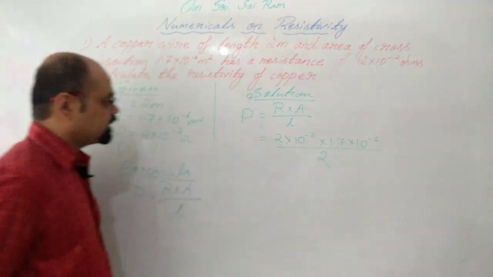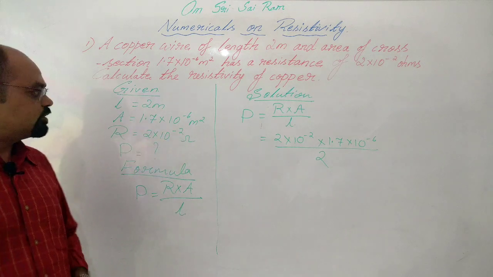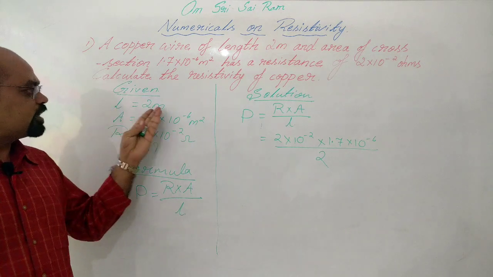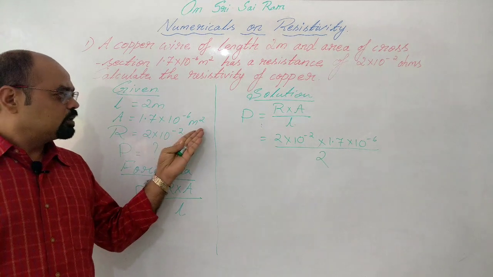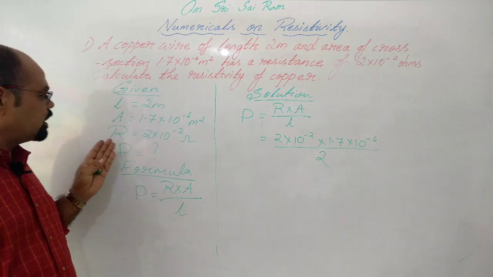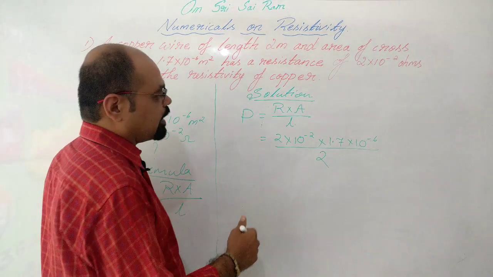We have to cross-check that everything is in its respective SI unit. The SI unit of length is meter, of area of cross section is meter square, and of resistance is ohm.